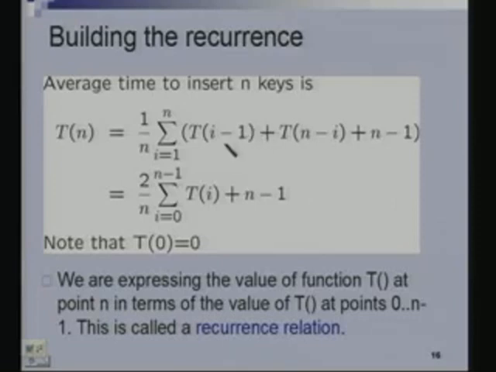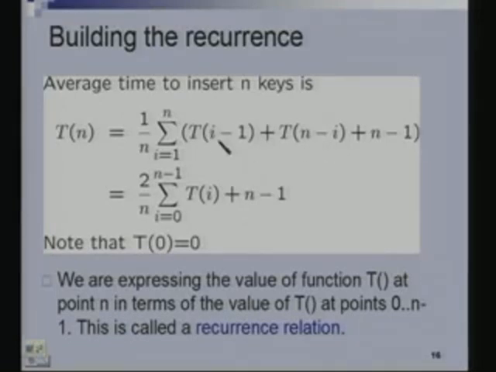Now, note that each of these terms will appear twice, right. If I look at T3, it will appear once for i equals 3, and it will appear once as i equals n minus 3.